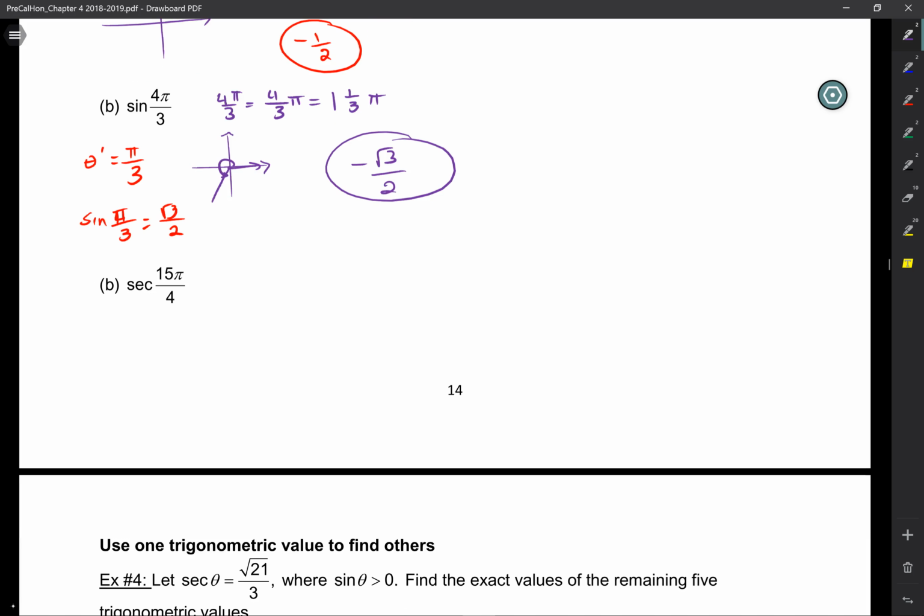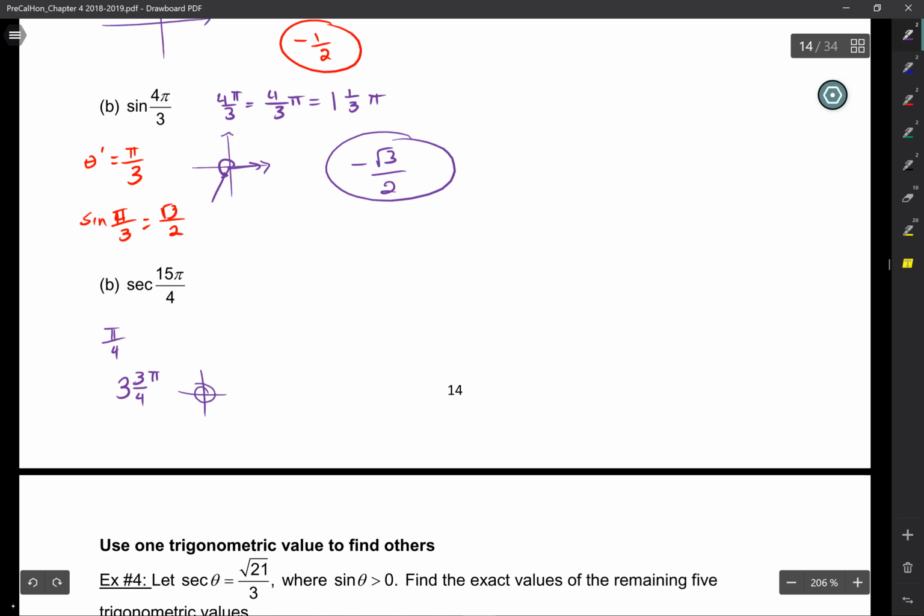What's the secant of 15 pi over 4? Hang on. Reference angle. Pi over 4. What quadrant is this in? Okay, so what's 15 pi over 4? It's 3 and 3 pi over 4, so it's 3 3/4 pi.